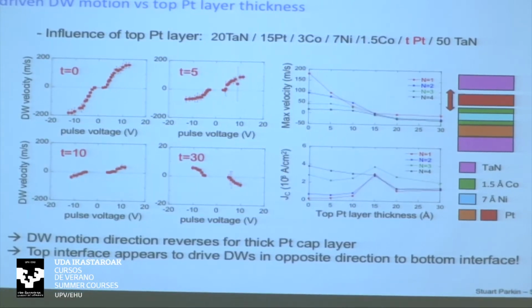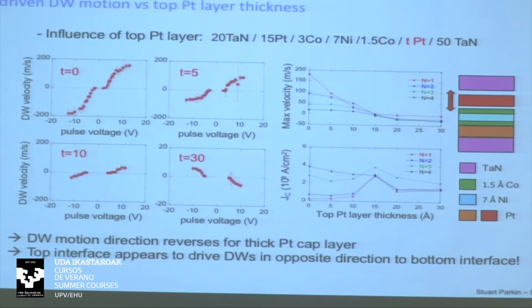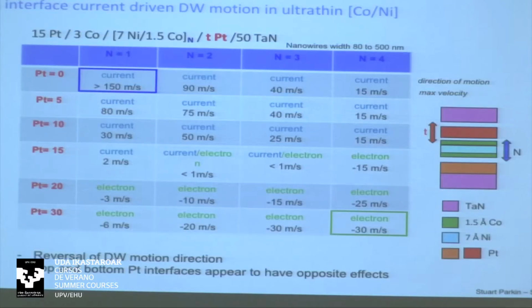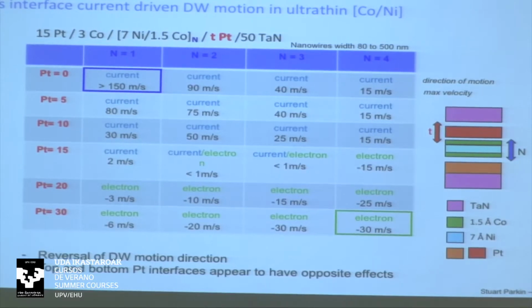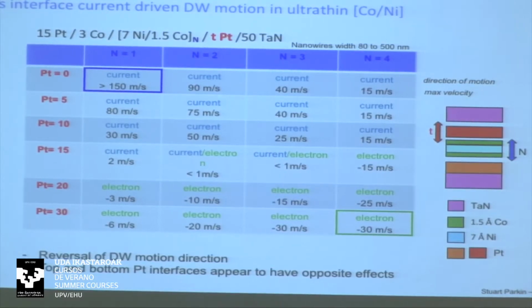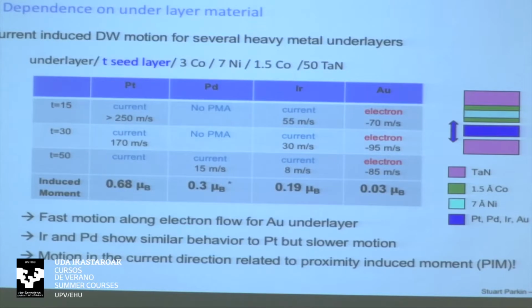And it turns out if they're equal, then the domain walls will move in the opposite direction, determined simply by the volume spin transfer torques within the cobalt-nickel-cobalt layer. This is what happens. We can change the velocity from 150 meters per second to negative velocities simply by manipulating the upper interface in this way. So it's a very, very sensitive effect in which we can atomically engineer these motions.